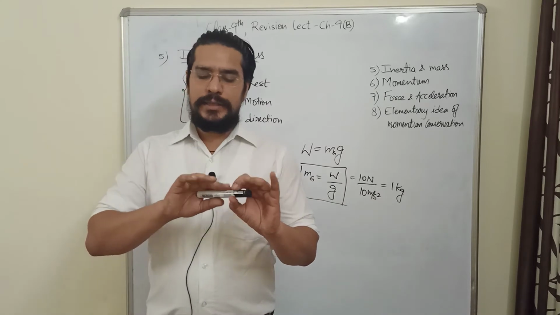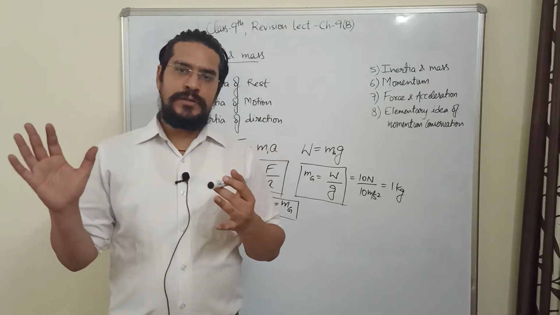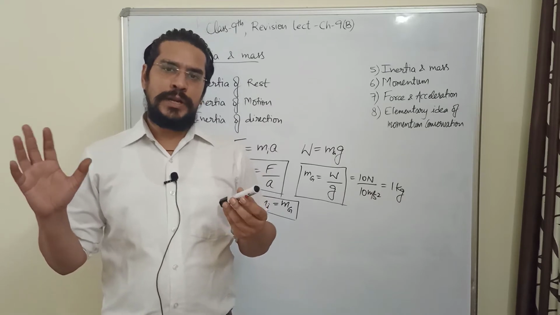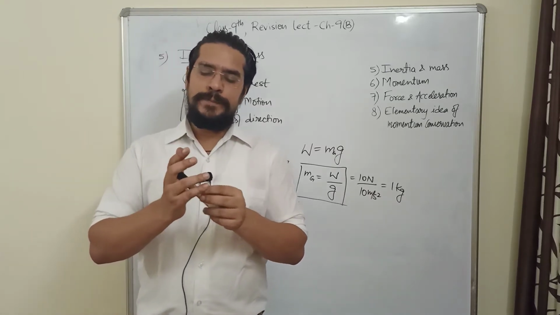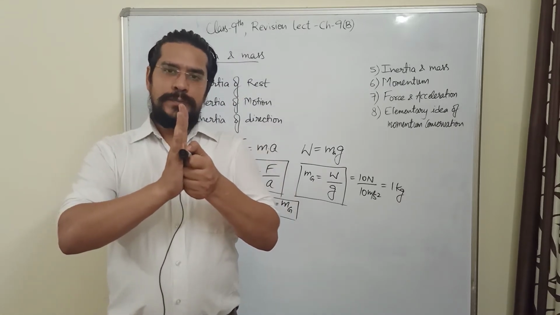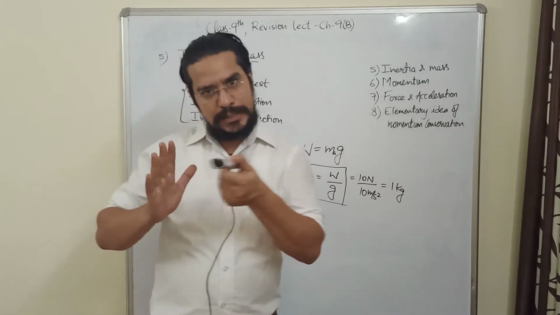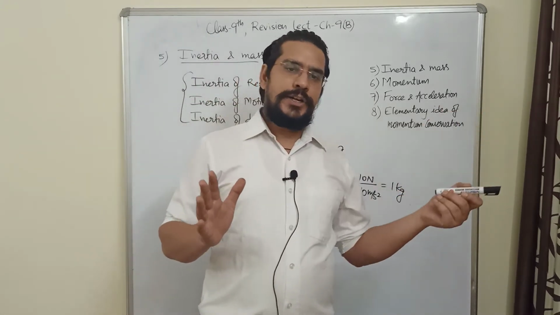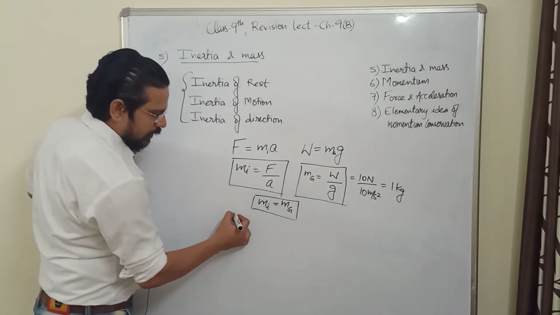Now consider again this mass in space, without any presence of planet or any star system. In empty space, consider this 1 kg mass only. Now if you apply a force of 10 Newton on this object, then this object will start accelerating with an acceleration which is again equal to 10 meter per second square.